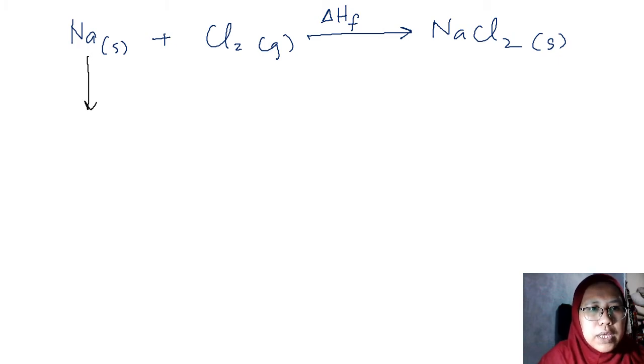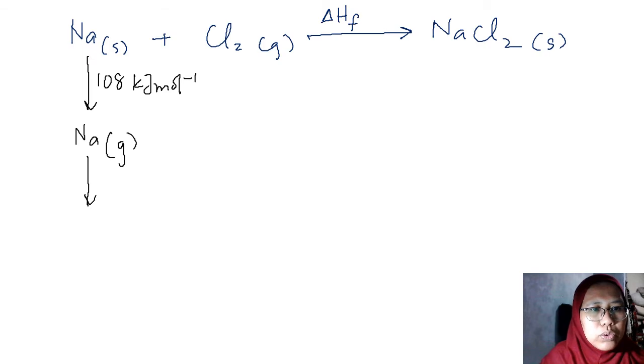So enthalpy of atomization is when the solid sodium becomes gas. So this involves sublimation. The question gives you 108 kilojoule per mole. If you don't put the unit, it's okay because all the units are the same for the whole cycle.